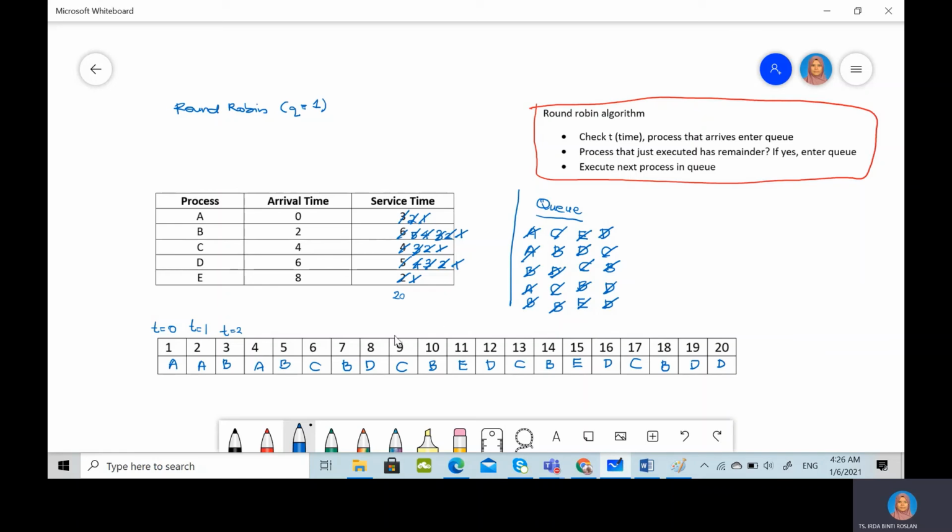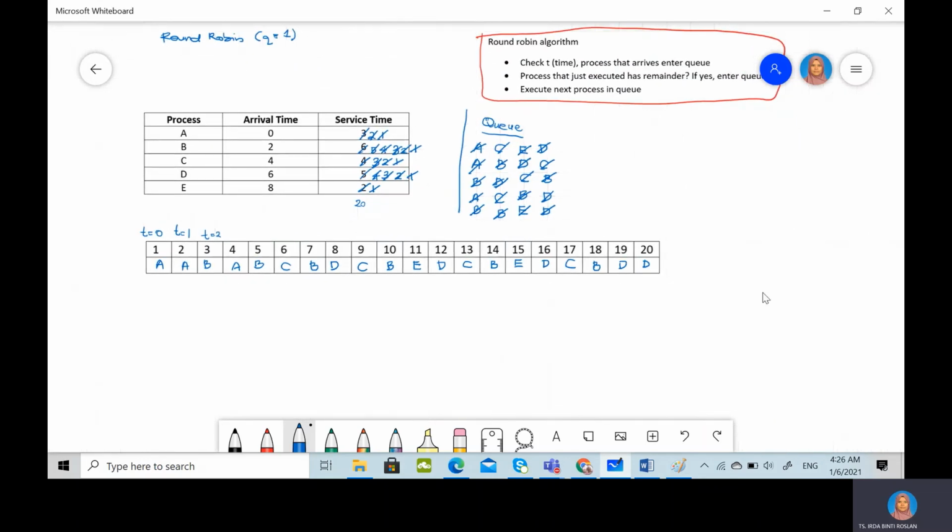After you have the finish time, you can calculate the turnaround time.